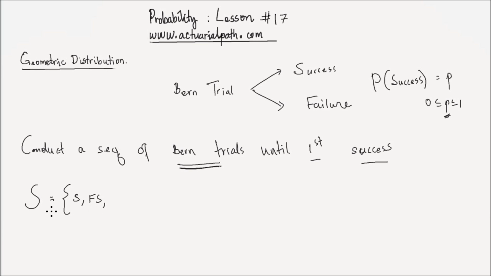That's another element of the sample space. Failure on the first, failure on the second, and a success on the third. That's again another element of the sample space. And so on. Now you see where I am going. Failure, failure, failure, followed by success. Failure, failure, failure, failure, followed by success, and so on.